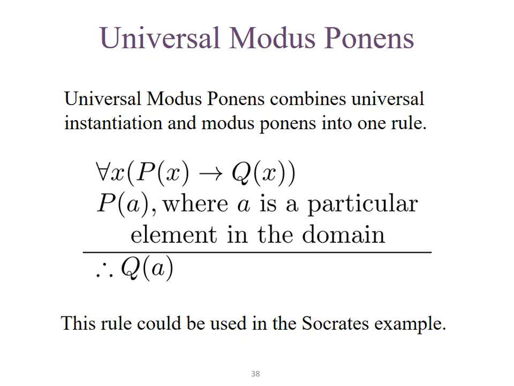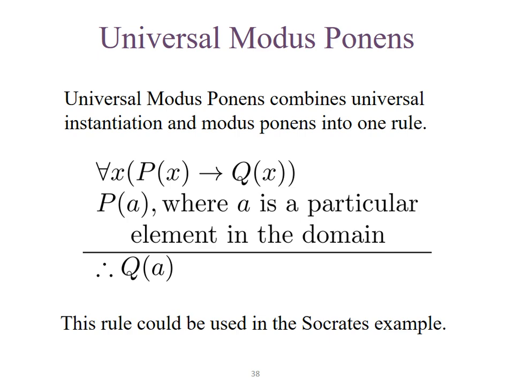So P of A and Q of A is true. If we have the conditional statement and we also have P of A, then of course Q of A is true, but you don't have to take extra steps. This is called universal modus ponens. Directly, you can draw the conclusion Q of A.